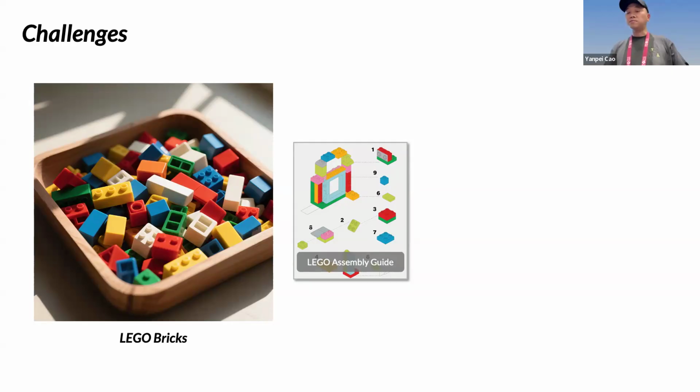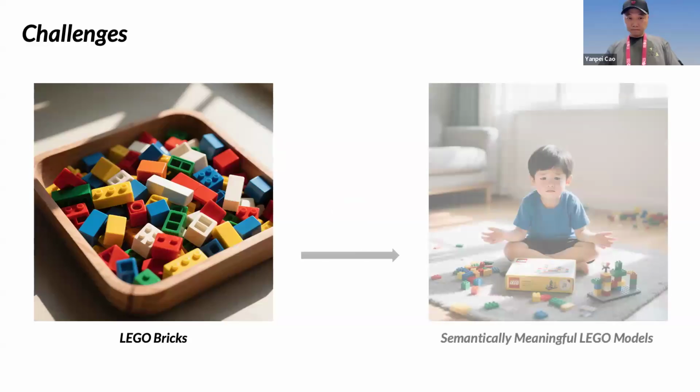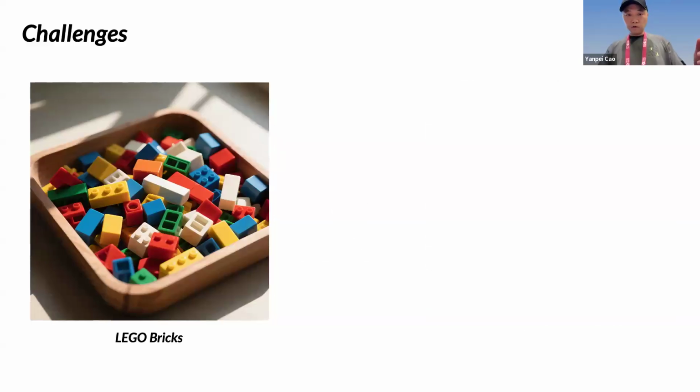And automating this process is incredibly difficult. So our research question becomes, how can we build a generative model that bridges this gap? And how can we take a library of discrete parts as input and learn the procedural logic of assembly to create valid and complex structures?